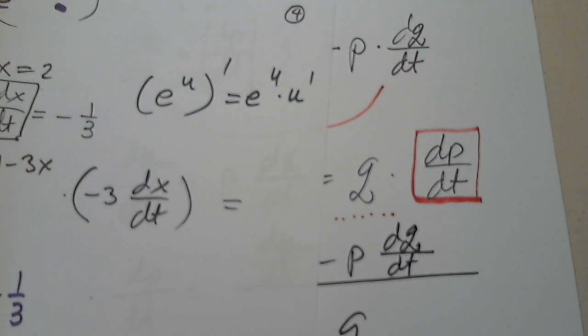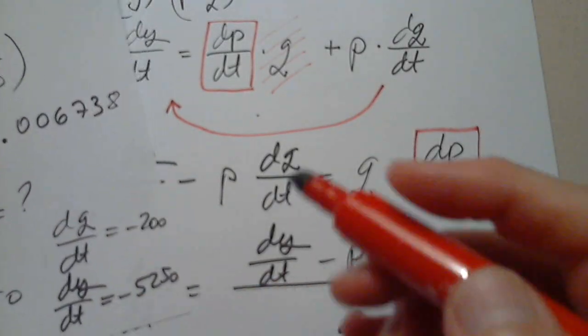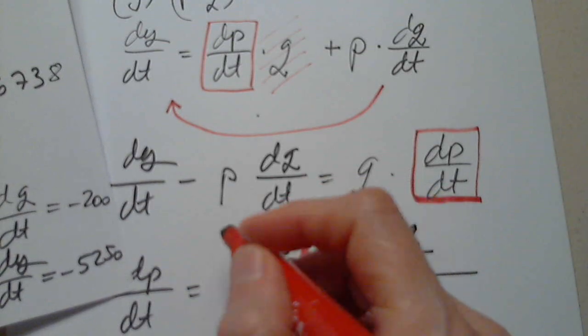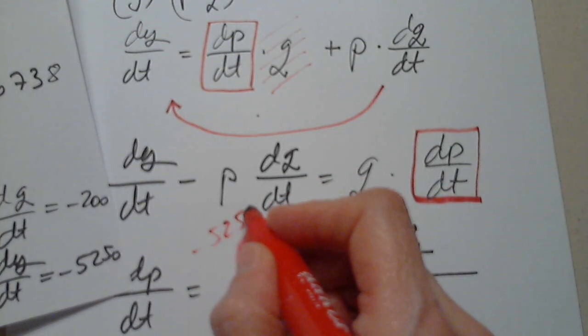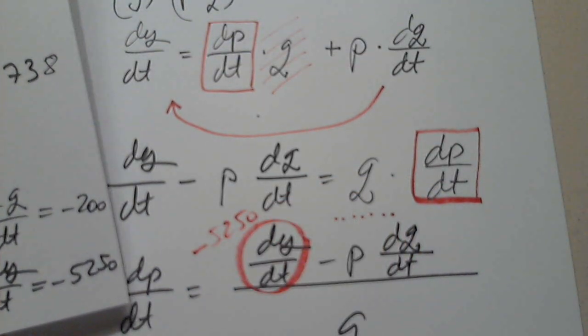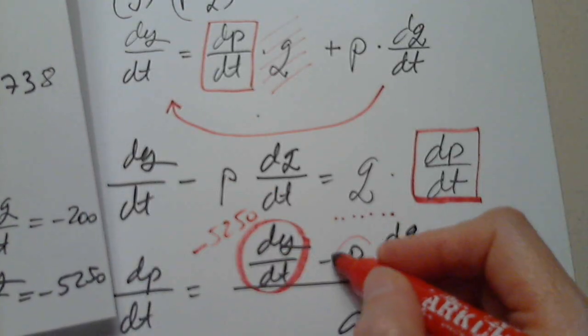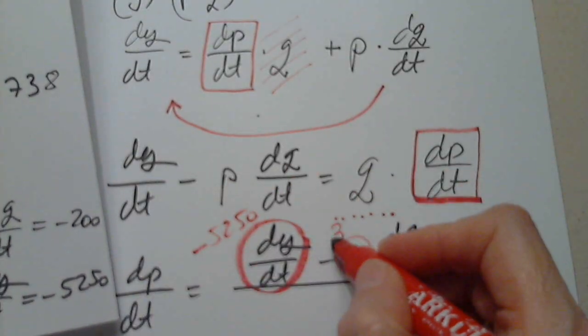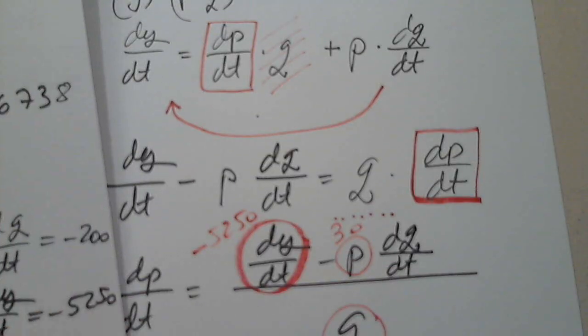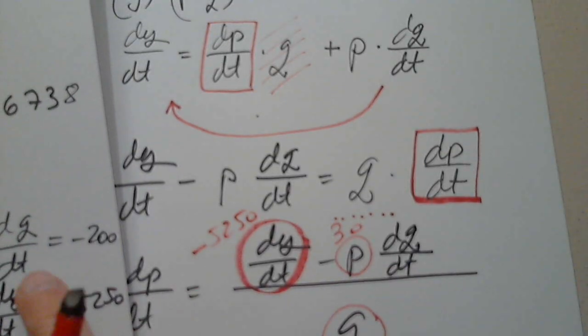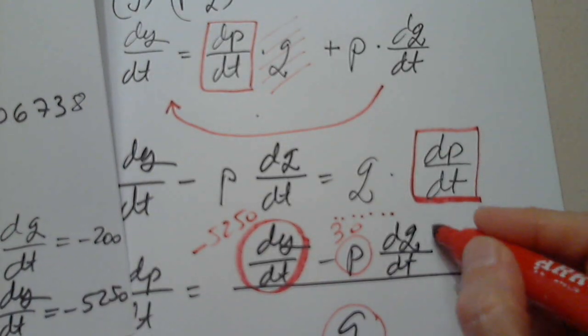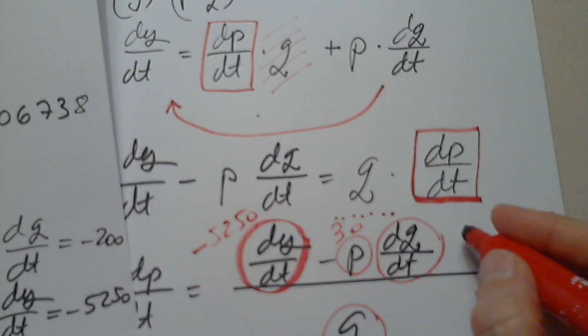What everything? So I am given the dy over dt, this piece is negative 5250. I'm given that p is 30. I'm given that q is 250. And I'm given that dq over dt is negative 200.